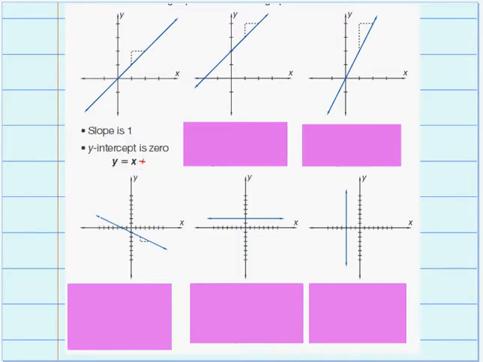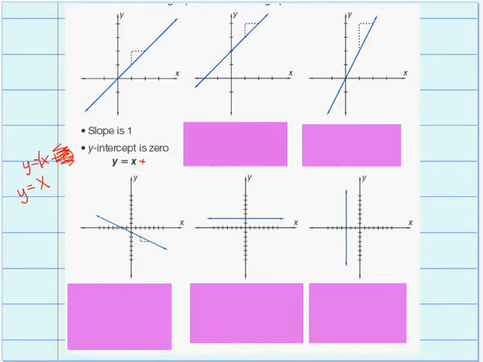Well, you know what I'm trying to say. This would be, I'll do it over here, y equals x plus 0. But we're adding 0, so we don't actually put that on there. And that's why we get y equals x. And it's really 1x, but again, with a 1 as a coefficient, we don't write that. So that's how you get y equals x.